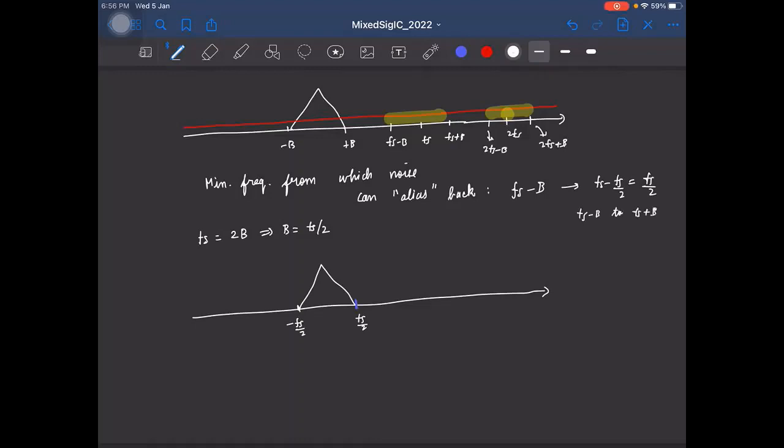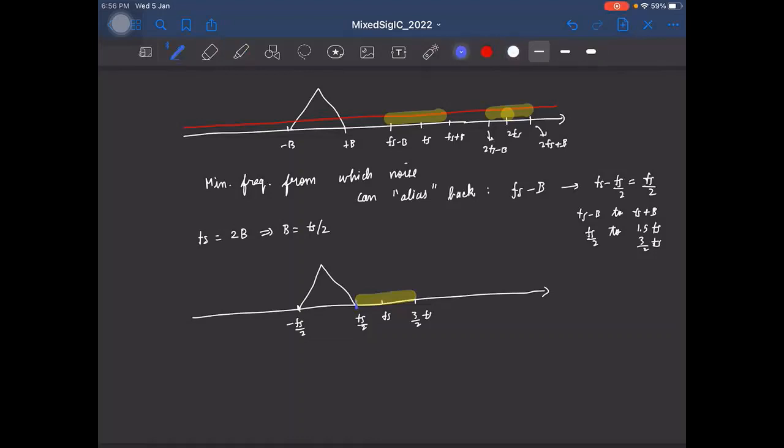And the band, that is Fs minus B to Fs plus B, what does that become now? So that is Fs by 2 to 1.5 times Fs, that is 3 by 2 times Fs. So this is Fs. This is 3 by 2 Fs. So this is the first band of frequencies from which noise can alias back, right?